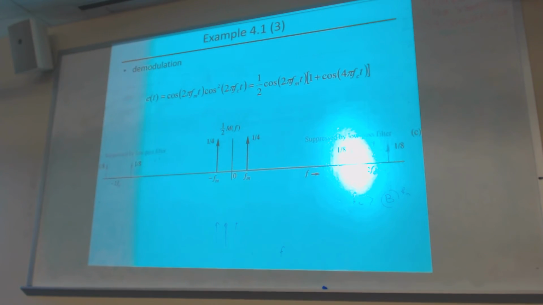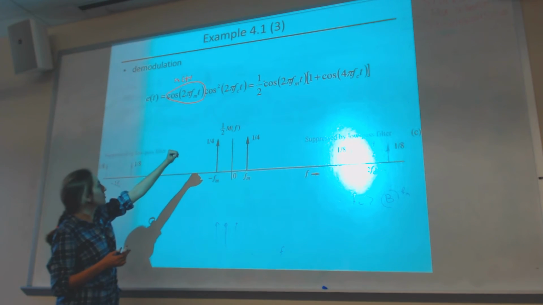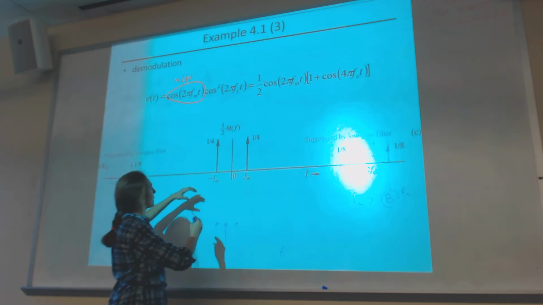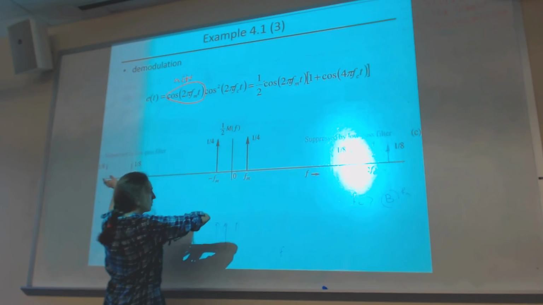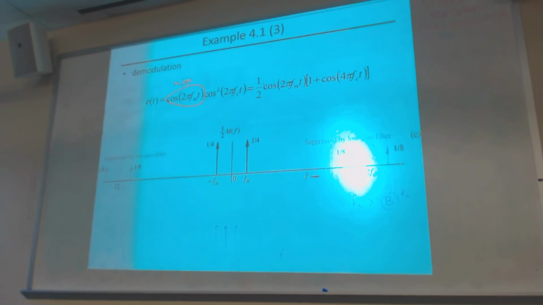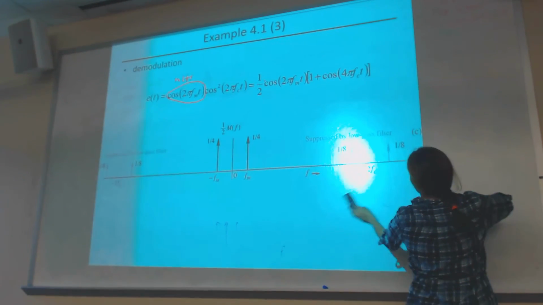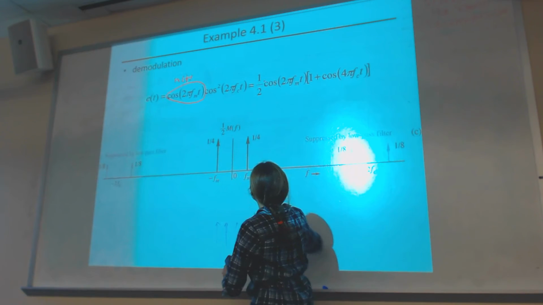Okay, and then at the demodulation, this is the original signal m(t), which now has been multiplied by 2 cosines. One cosine at the modulation and one cosine at demodulation. It multiplies by cosine squared. So the whole thing shifts to the left and shifts to the right. Remember? Now we have this figure: 2fc, minus 2fc and the origin.